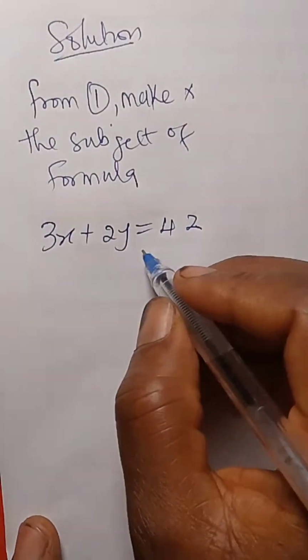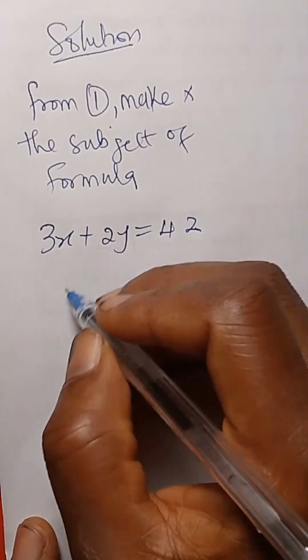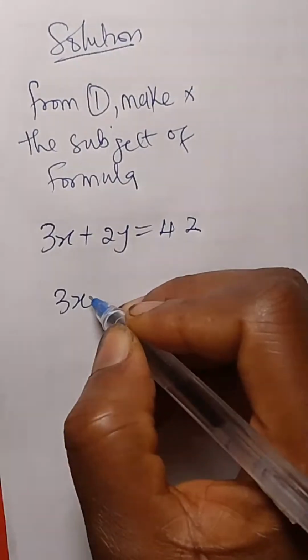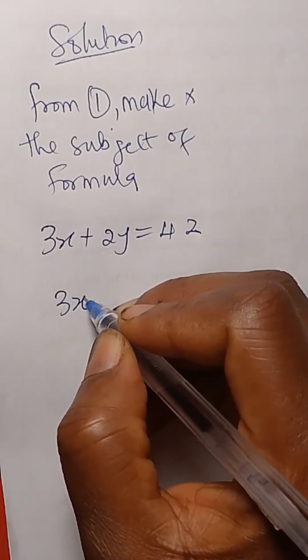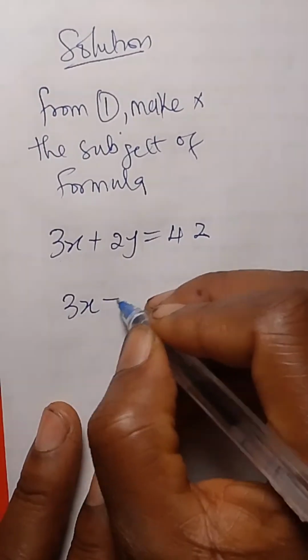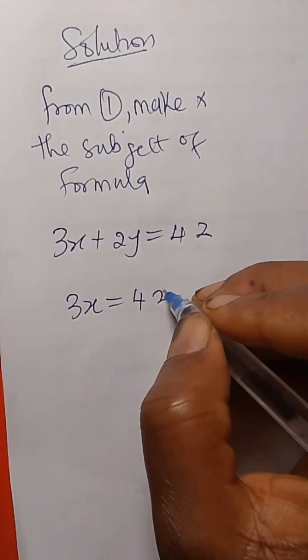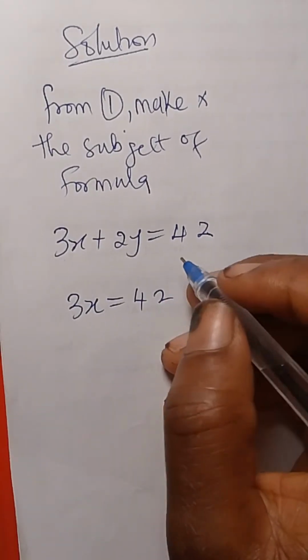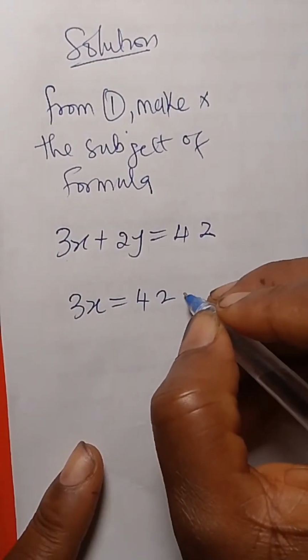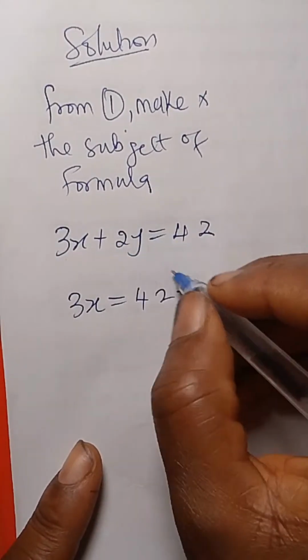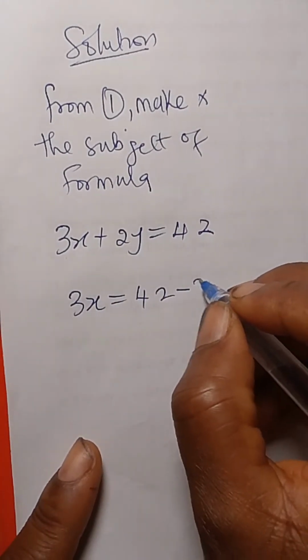So here, we are now going to make x the subject of the formula. So 3x is equal to 42 minus this plus 2y, which will cross the equality sign to become minus 2y.